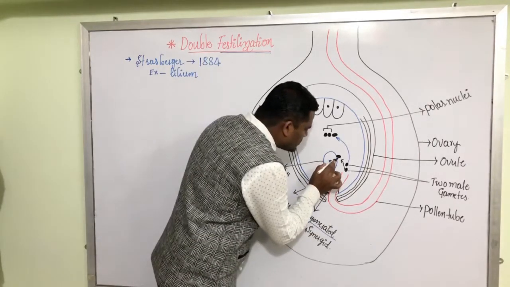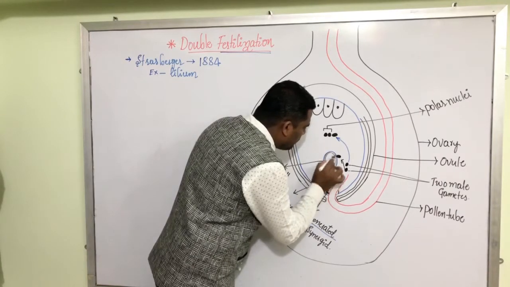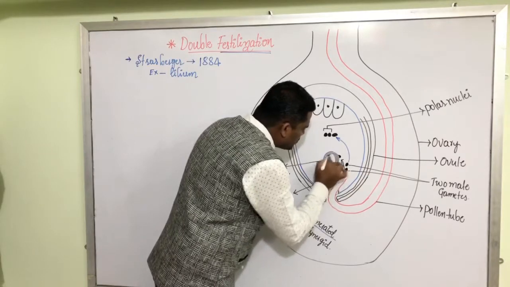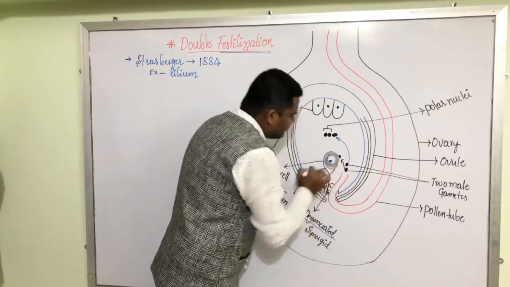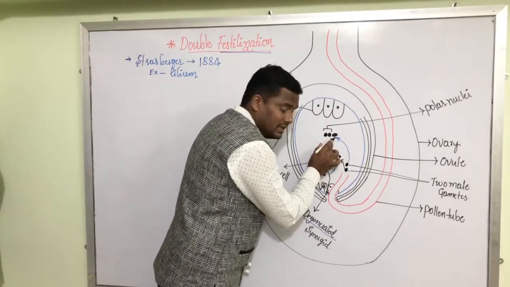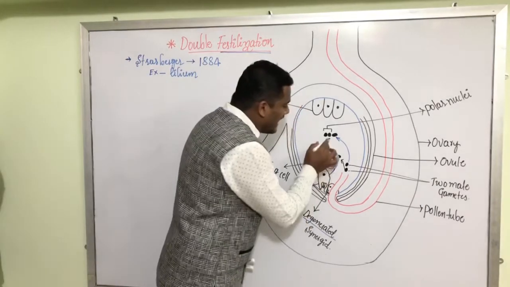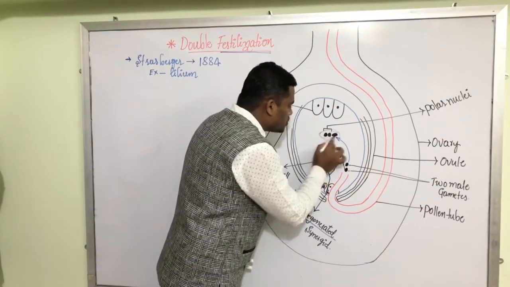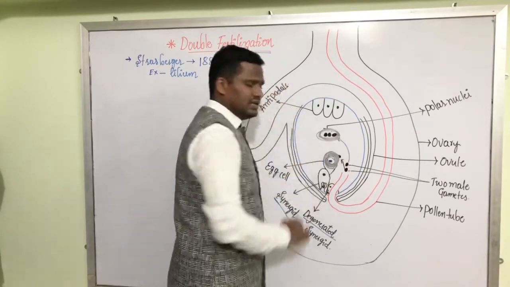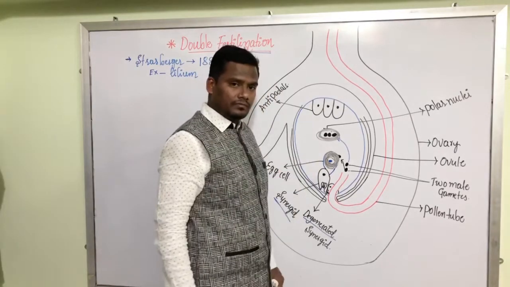Now, this male gamete fuses with the egg cell. There are two male gametes. One male gamete fuses with the egg cell and the other male gamete fuses with the secondary nucleus or polar nucleus or central cell.